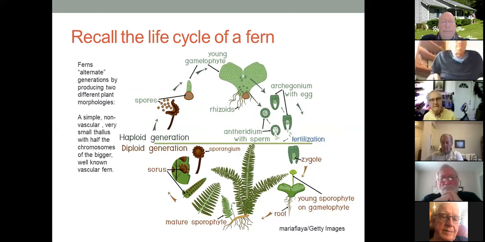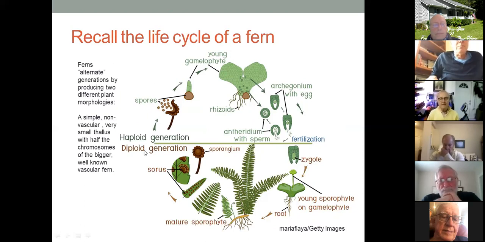Since we're talking about propagation from spores, where do the spores come from? This is a graphic that shows the life cycle of a typical fern plant.